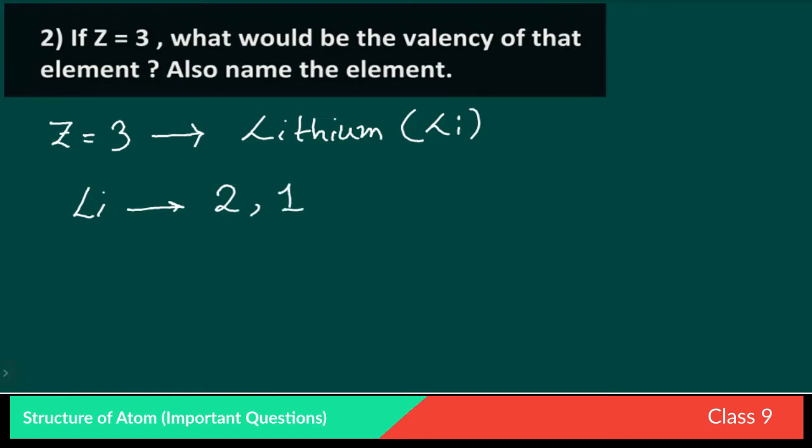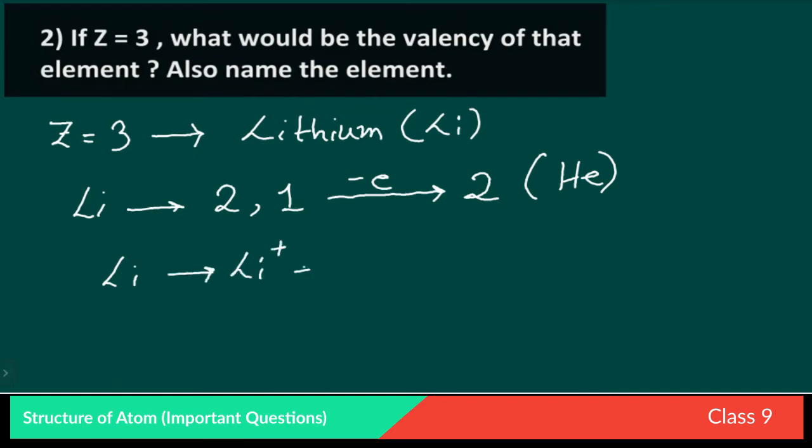Now we all know every element tries to attain stability by attaining the nearest inert gas configuration. So what will it do? It will tend to lose one electron to become the stable inert gas configuration. That is, it will try to attain the configuration of helium. So we can say that lithium will exist as Li+ plus an electron.